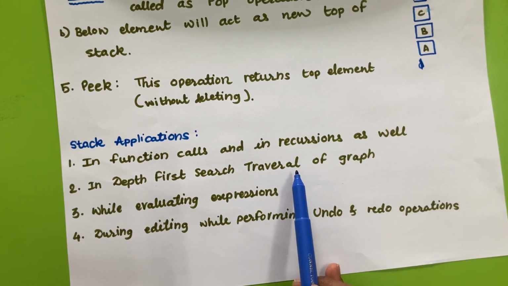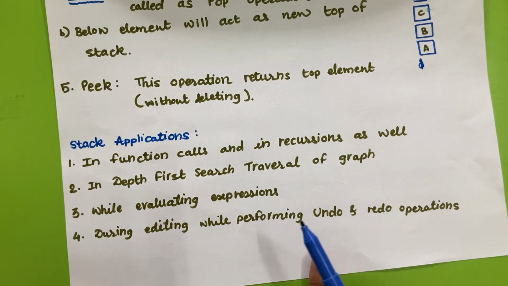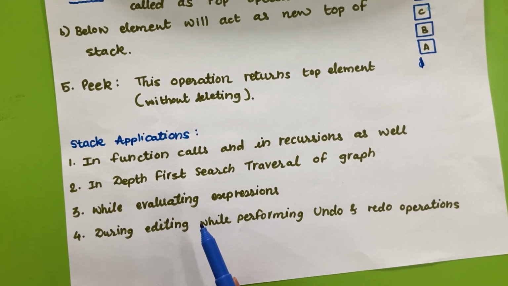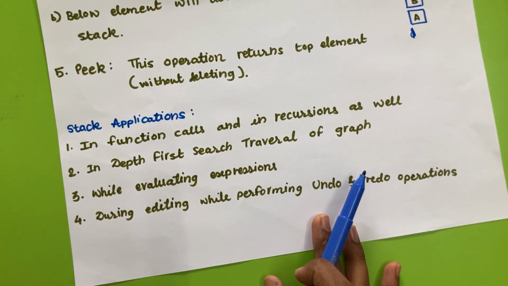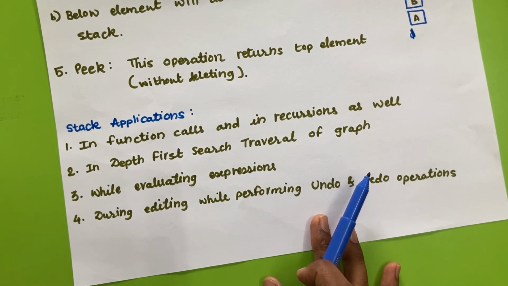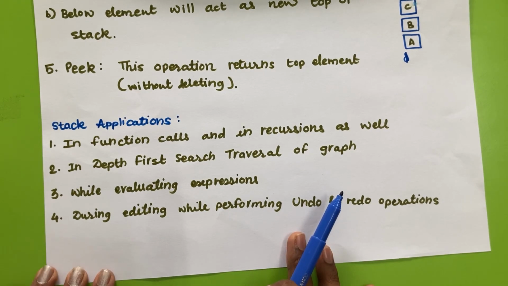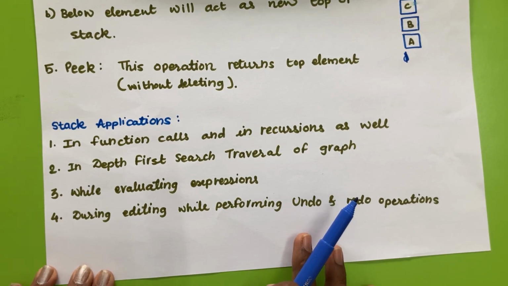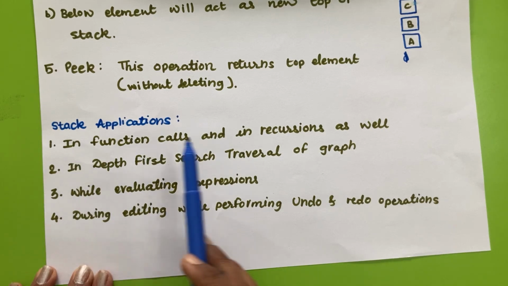In the depth first traversal of a graph, a stack is used, and in breadth first traversal, the queue data structure is used. While evaluating expressions, like when we want to convert infix to postfix, a stack is used. And while performing editing operations, most of the time we have to perform undo and redo operations, so in that case also stacks are used.